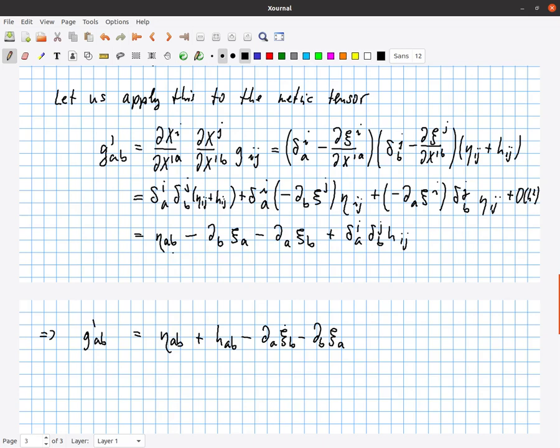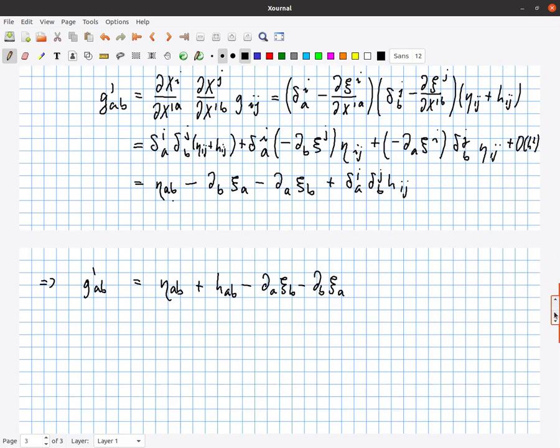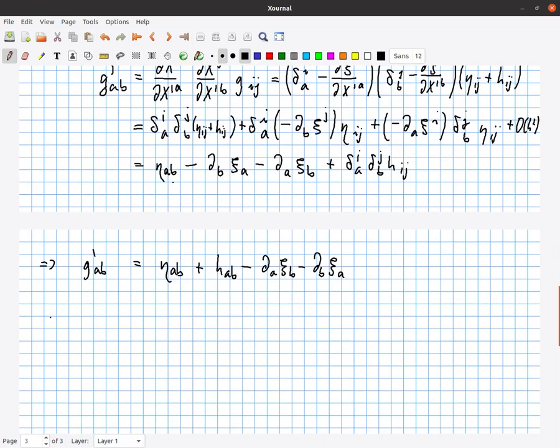Why is this interesting for us? Well, naturally, we would write g prime AB as eta AB plus h prime AB. Eta is invariant, that doesn't change.